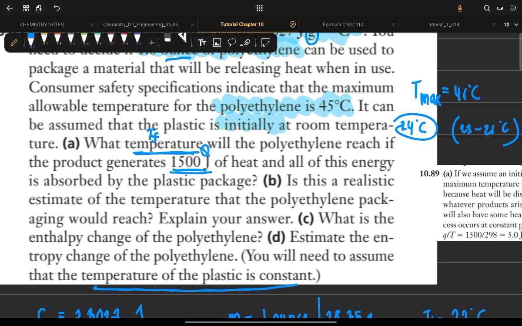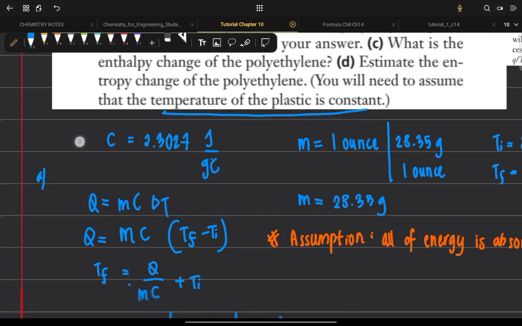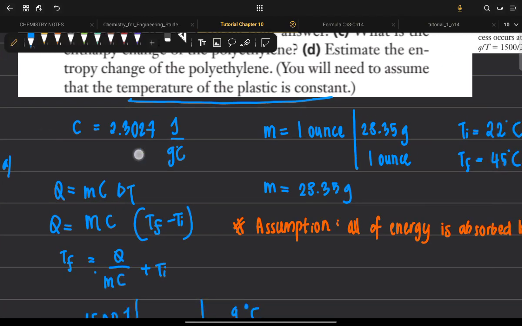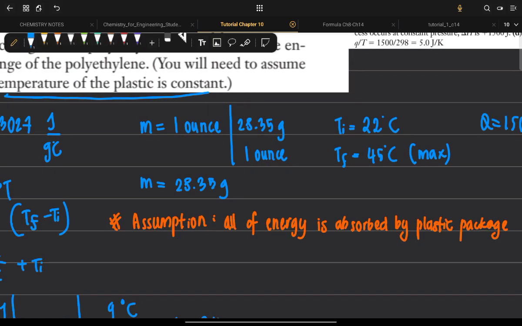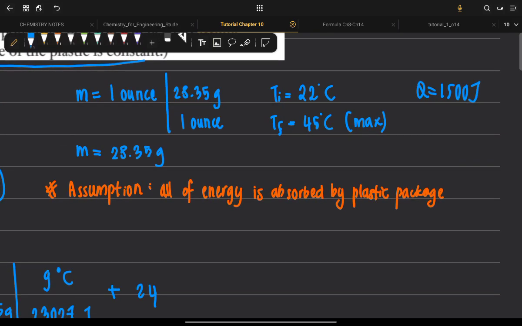Here is our Q of heat, and all of this energy is absorbed by the plastic package, which is their assumption. So we use Q equals MC delta T.